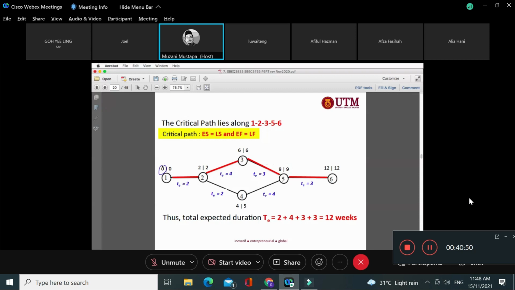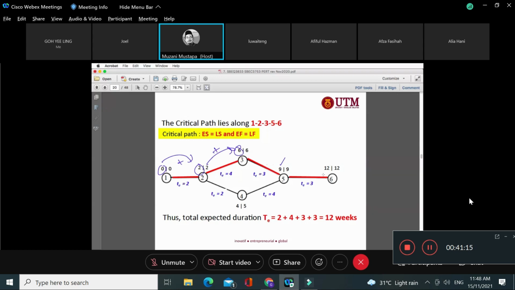So 0 plus 2, we add and get 2, right? 2 plus 4, we got 6, right? 6 plus 3, we got 9. 9 plus 3, 12. But remember, there are two lines, so we have to wait before we move this forward.